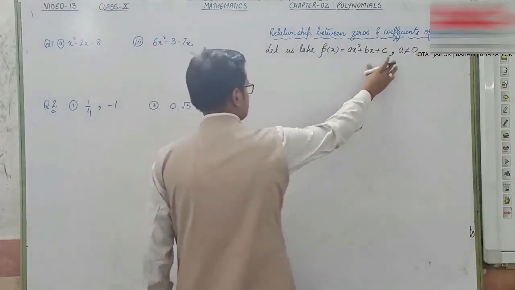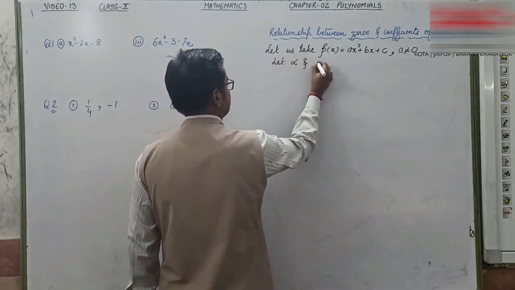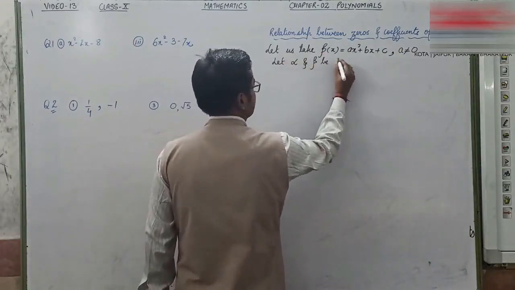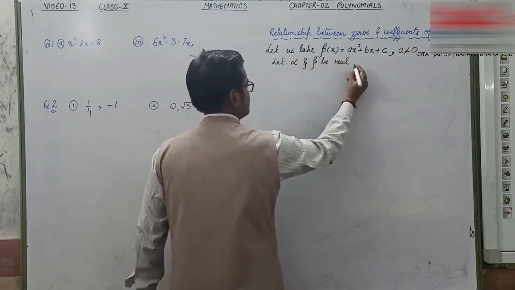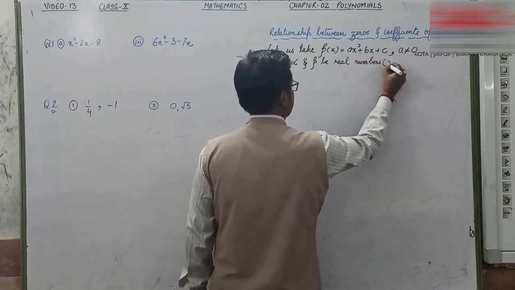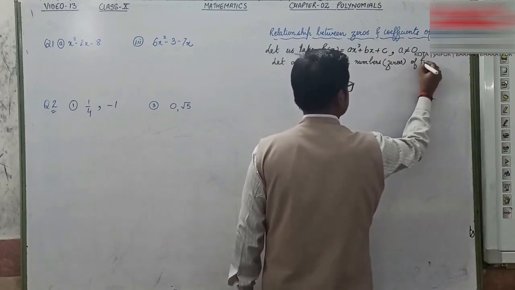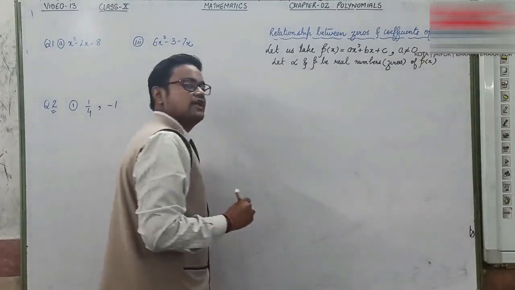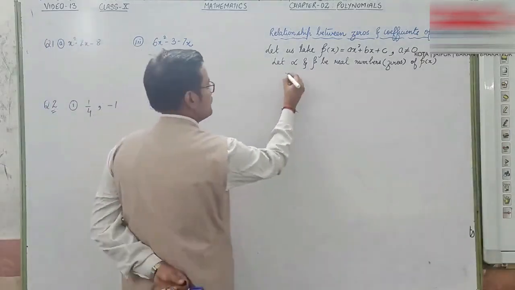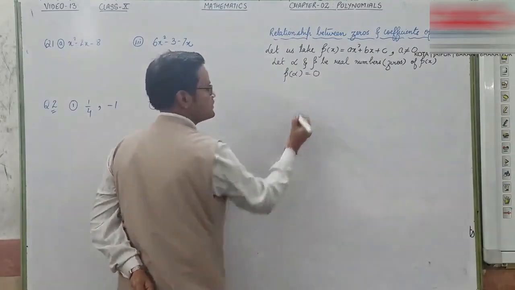After writing a is not equal to 0, let alpha and beta be real numbers. They are zeros of P(x). Now if they are the zeros, it would mean that keeping alpha in place of x, the polynomial is 0, right?